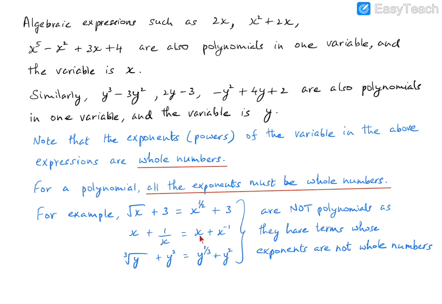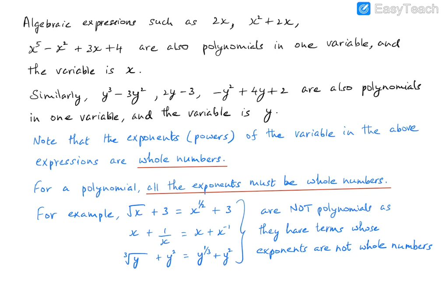Similarly, in the second example here, we have a term where the power of the variable x is minus 1, x power minus 1. So minus 1 again is not a whole number. Similarly, in the third example, we have y power 1 by 3. 1 by 3 is also not a whole number. So each of these algebraic expressions has some terms whose exponents or powers are not whole numbers, and therefore these expressions are not polynomials.